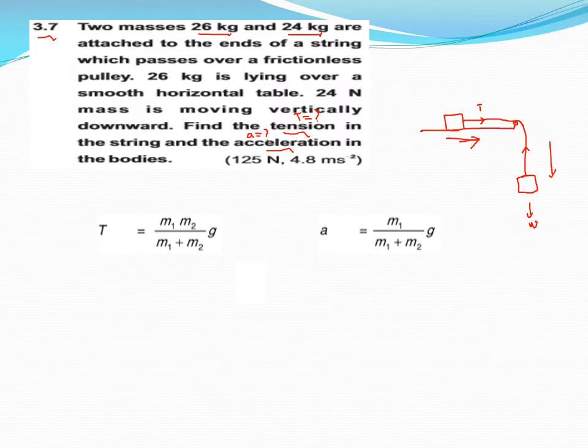The formulae are tension equals m1 m2 g by (m1 plus m2), and acceleration is m1 g over (m1 plus m2). Again we have two formulae and the values for m1, m2 and g are there, so just plug in the values and get the answer. Do it by yourself.